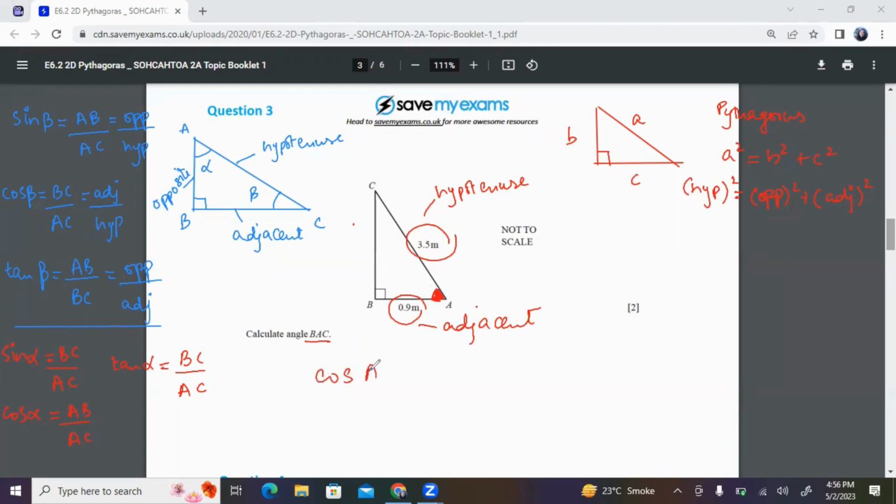So cos of angle BAC equals 0.9 divided by 3.5. Now, once again, if you're trying to find the value of the angle, we take the inverse, which means angle BAC will equal cos inverse of 0.9 divided by 3.5.